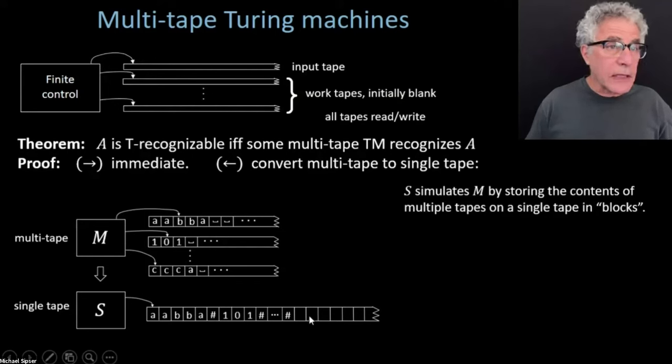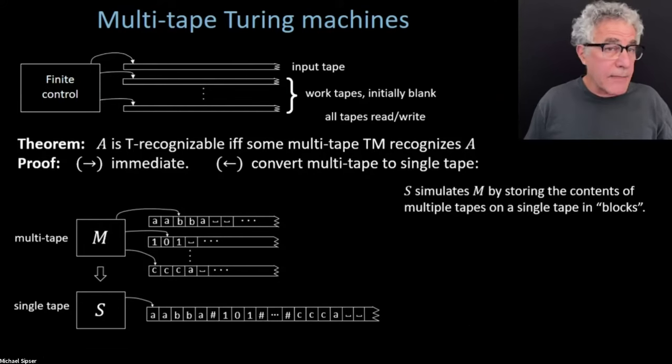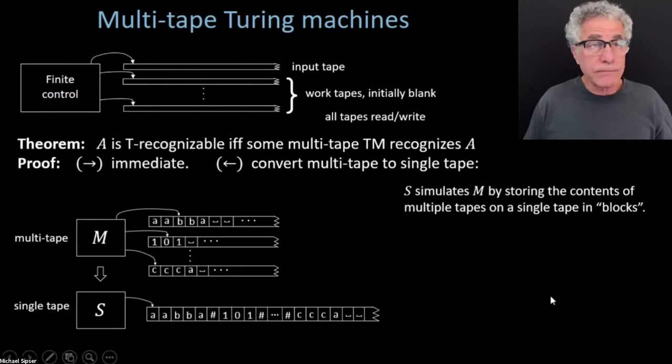And the final block of the single tape machine's tape is going to have the rest of the contents of the last tape of M. And then it's going to be followed by the same infinitely many blanks that each of these tapes has following the portion they may have written during the course of their computation.